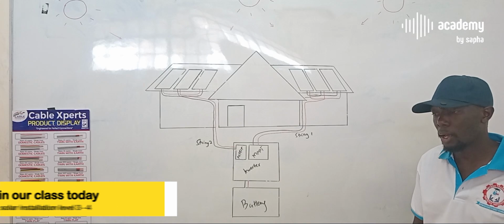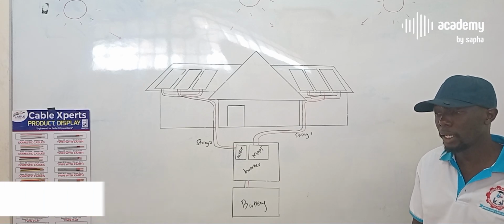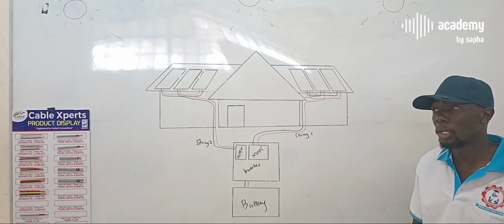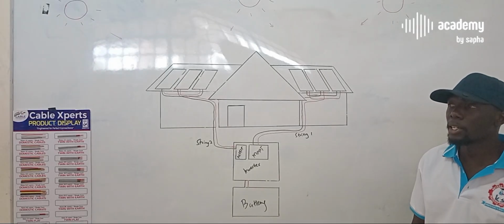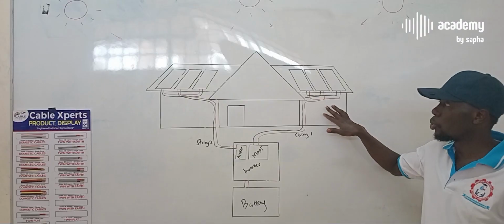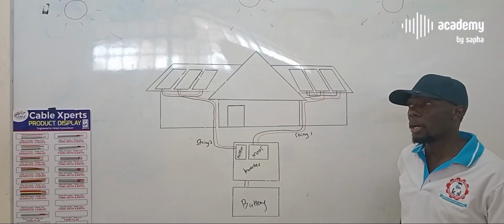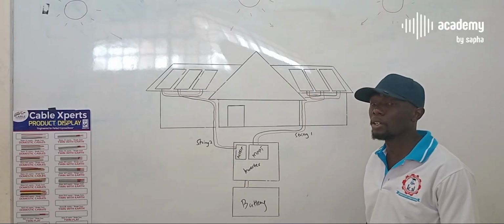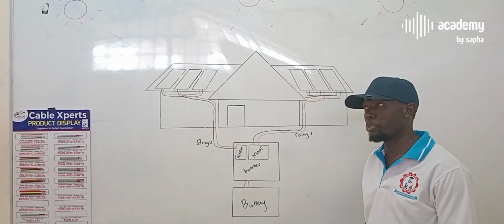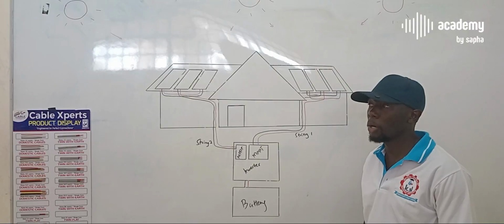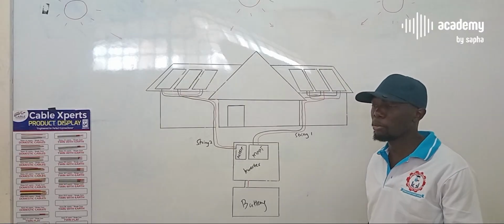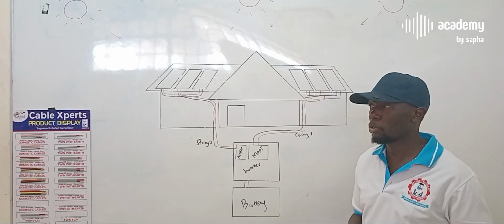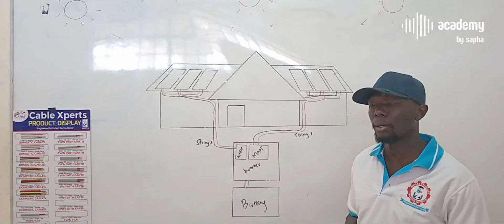Our roofing designs will normally affect a lot of things when it comes to solar installation. Assuming a client who owns a house has approached you, and as a student or technician you've done your system sizing, and determined that you need a certain number of panels on the roof to generate X amount of power for a particular period.